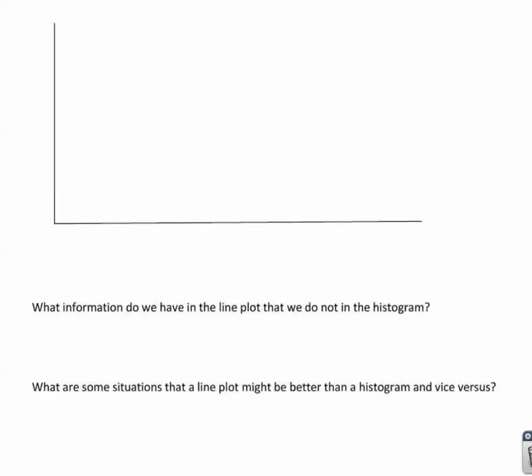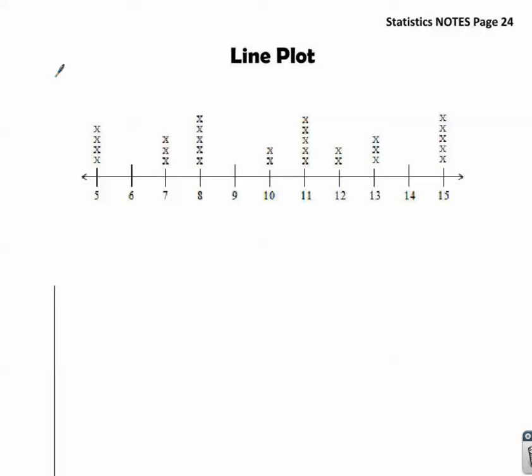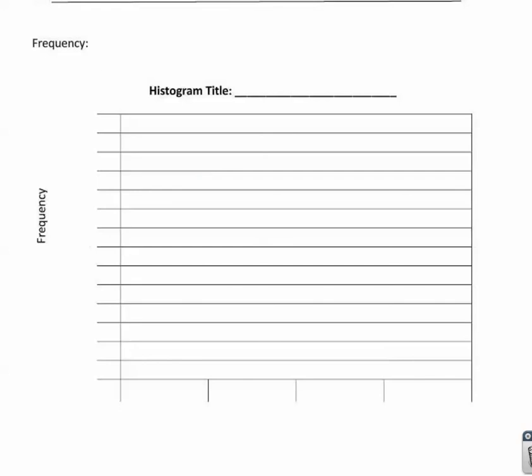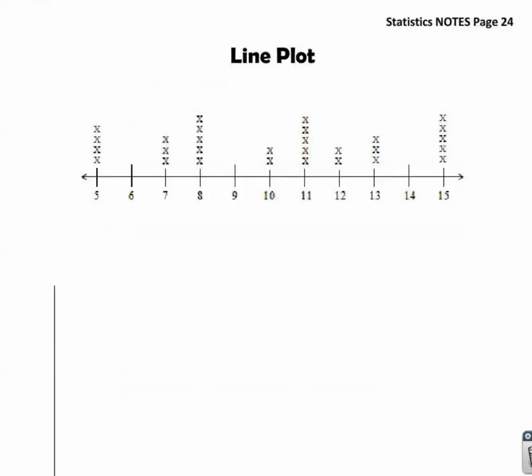Below, it has two questions. What information do we have in the line plot that we do not have in a histogram? So if this is your line plot, what information can we seek from here that in the previous page in our histogram we would not be able to get?